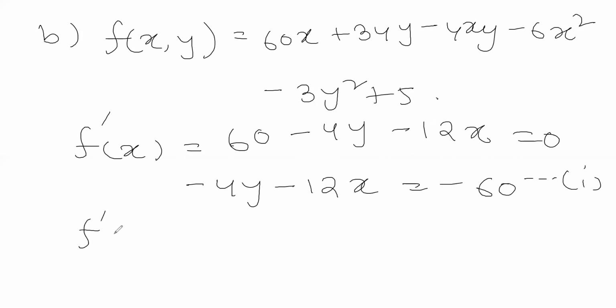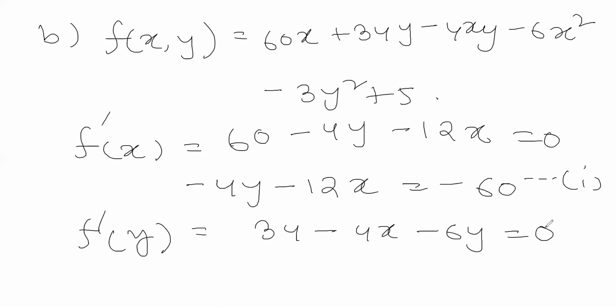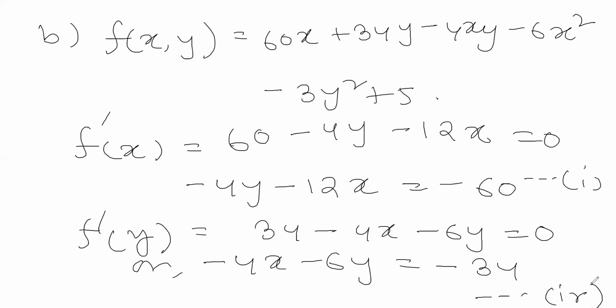Then similarly, f prime y is simply equal to 34 minus 4x minus 6y. Again, remember, we are taking the partial derivatives. Okay, and if we rearrange it, we get minus 4 of x minus 6 of y is equal to a negative 34. Let's say this is equation number 4. Now, I have already shown you this solving the system of linear equations and identifying the critical value in the previous math.